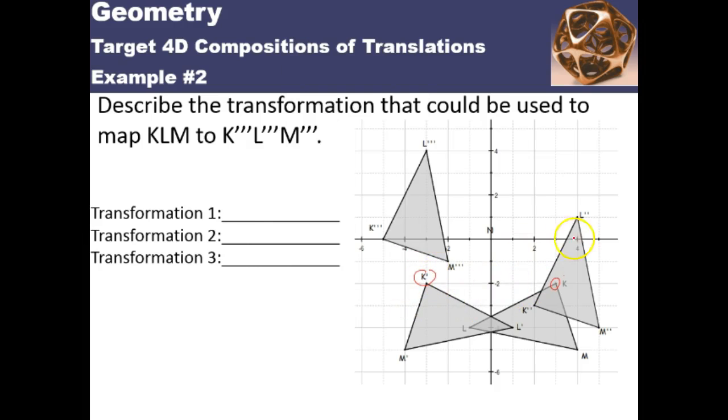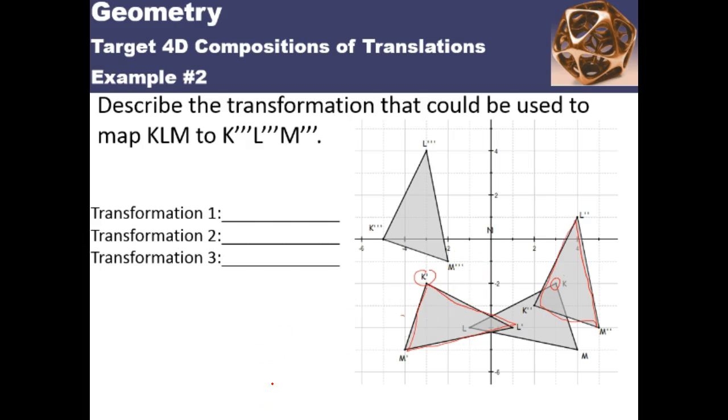So when I'm looking at these two triangles, I'll try to trace them. These two look like some sort of rotation. And let's look at where K was. K was here in quadrant 4, and it looks like it's in quadrant 3. So that looks to me like this is 90 degrees clockwise.